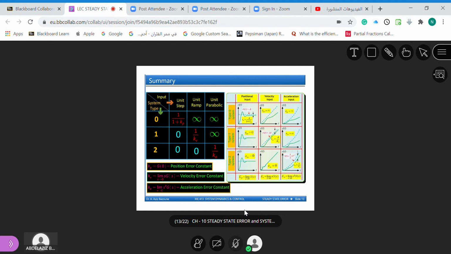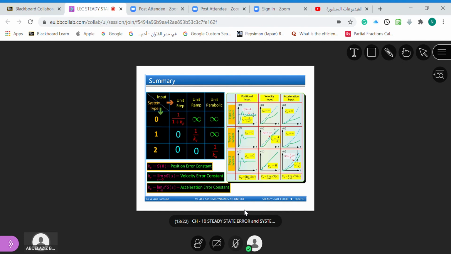Doctor, if we have type 3, we will have all zeros, right? But is it achievable? The most important inputs usually in steady state error are these three: 0, 1, and 2.